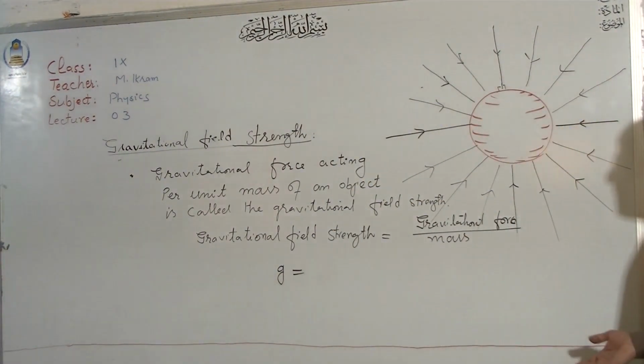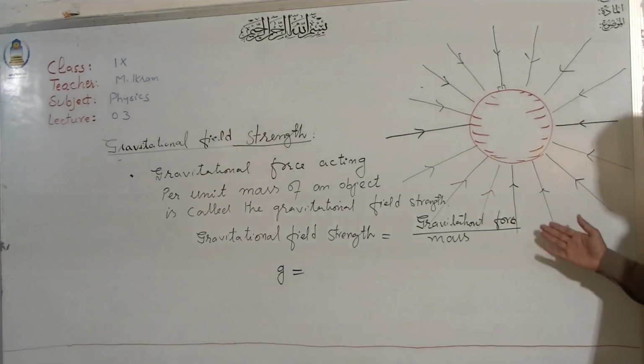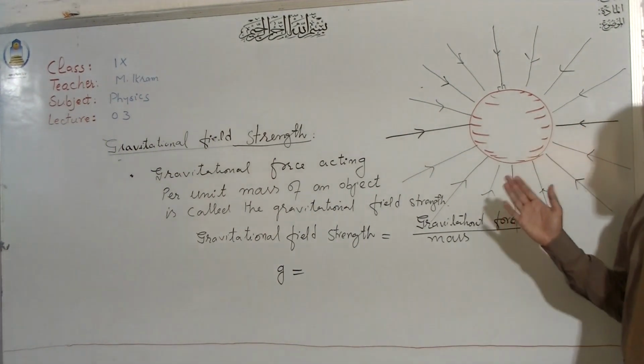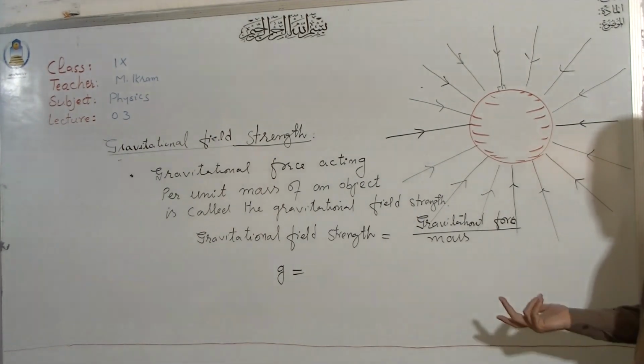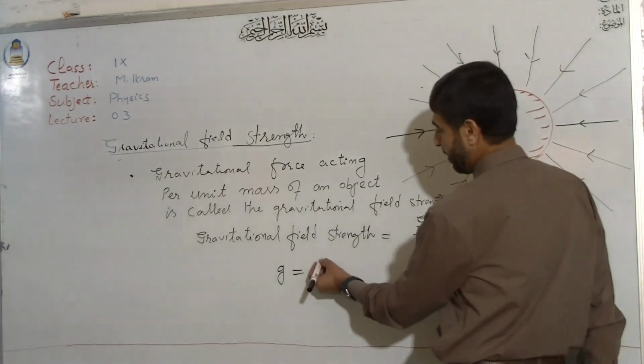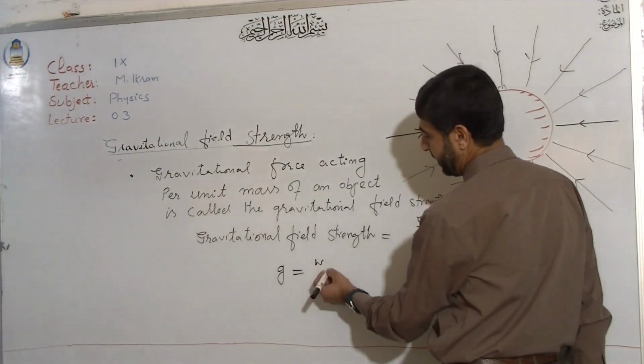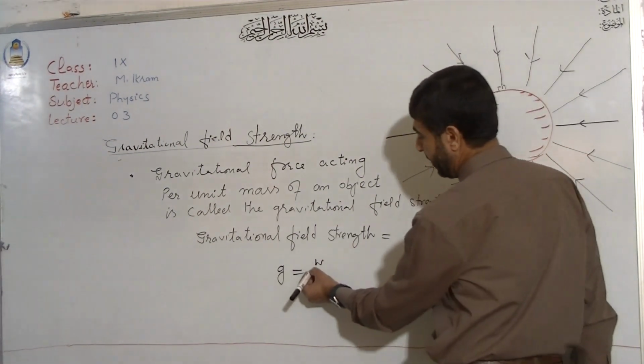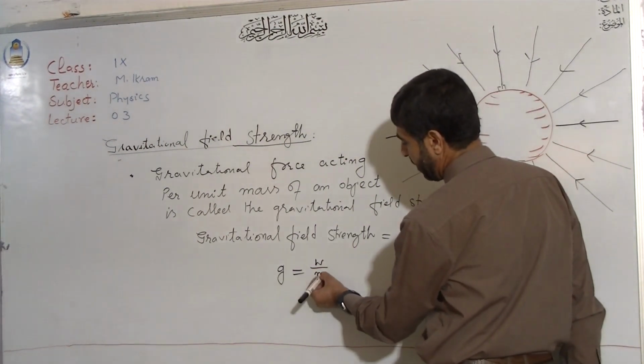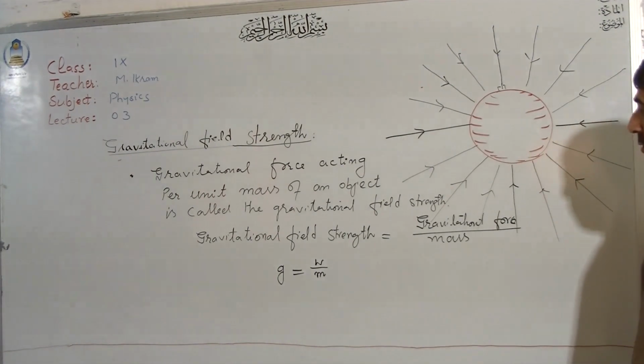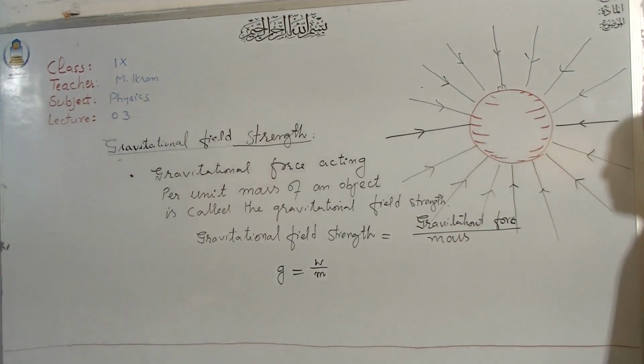For example, if I talk about the Earth, then the gravitational force of the Earth on an object will be equal to the weight of the object. So this is very simple. This will be equal to W divided by m, the mass of the object.